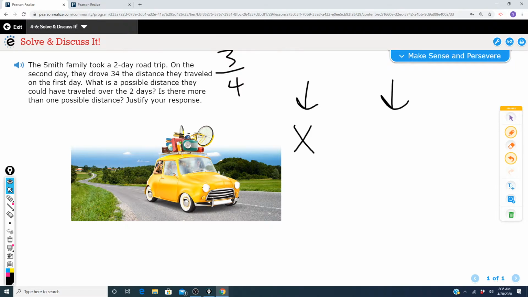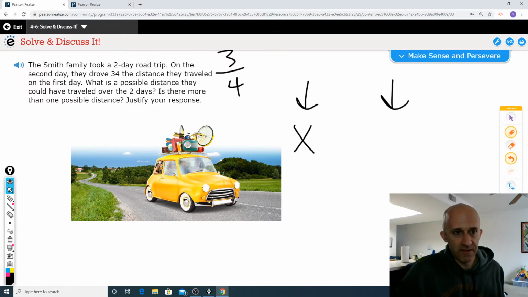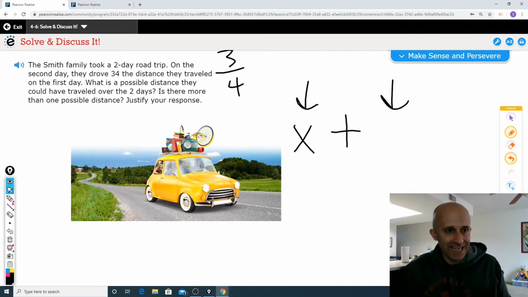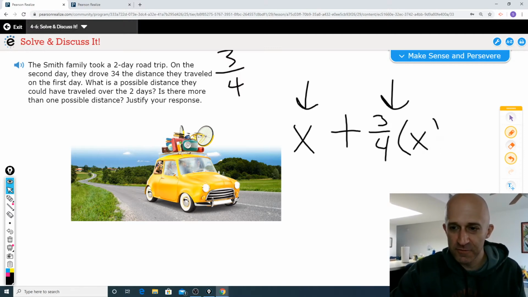We don't see anything about how much they traveled on the first day. It's an unknown distance. So we add it to the second day distance, which is 3/4 the distance they traveled on the first day.